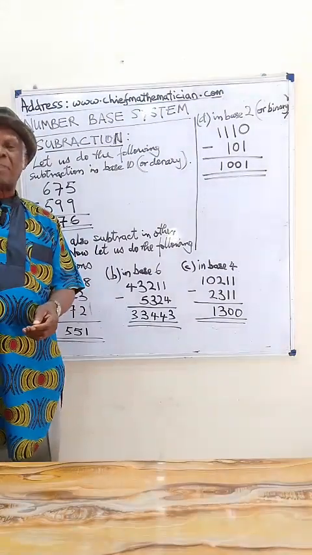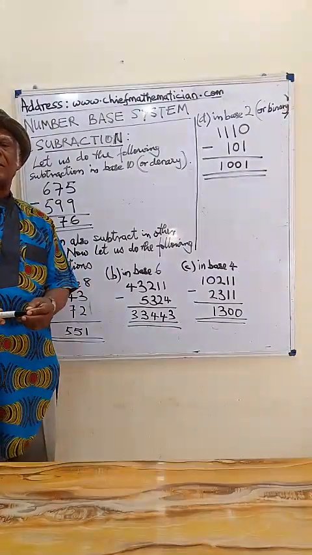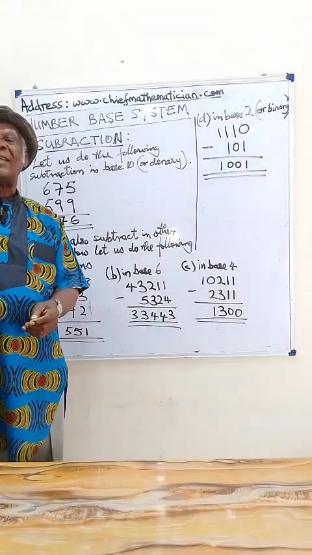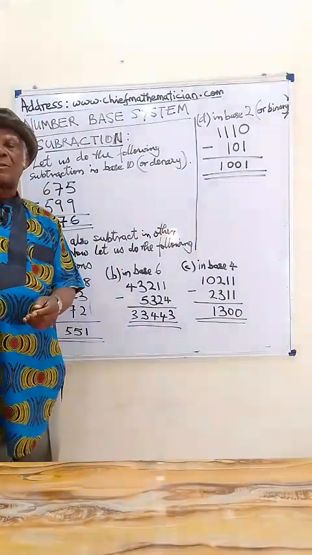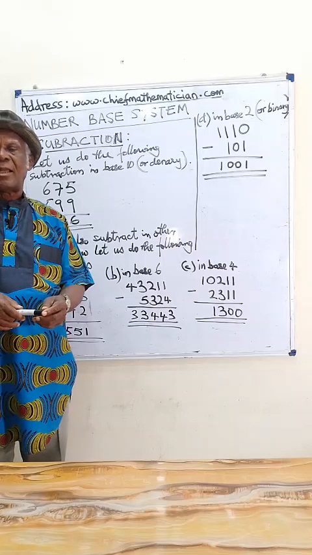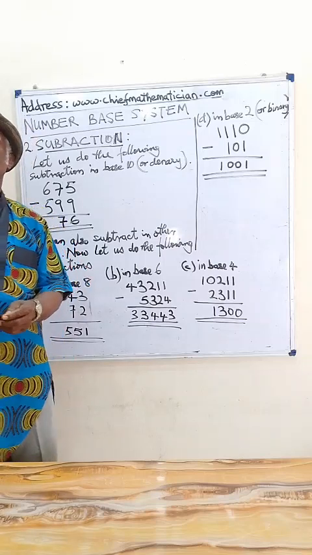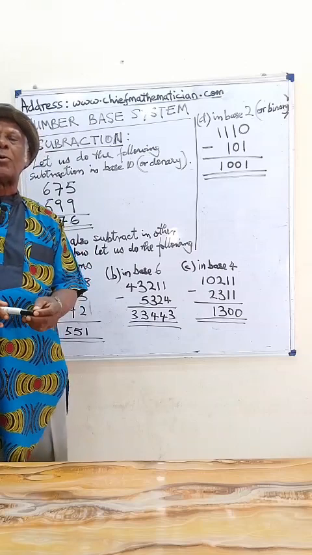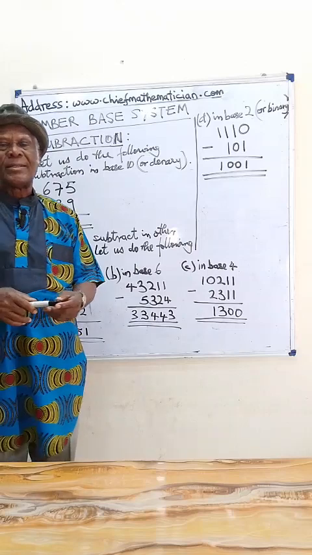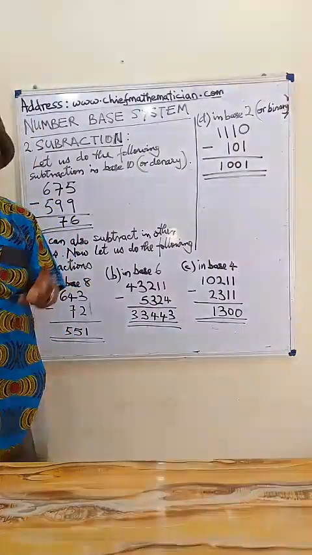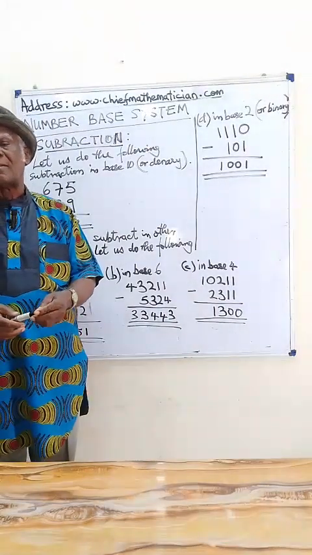In any given base, any number in any given base does not contain any digit that is equal to or greater than the base. I explained this in our last lesson.